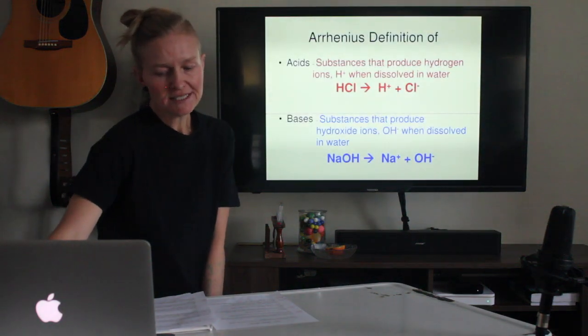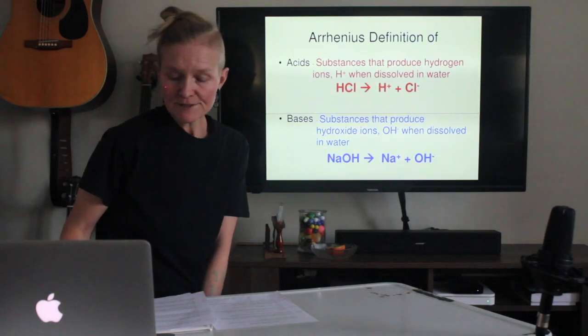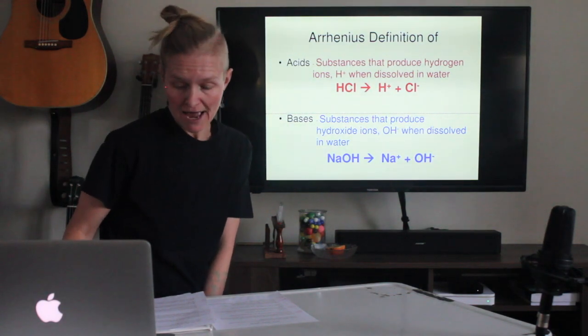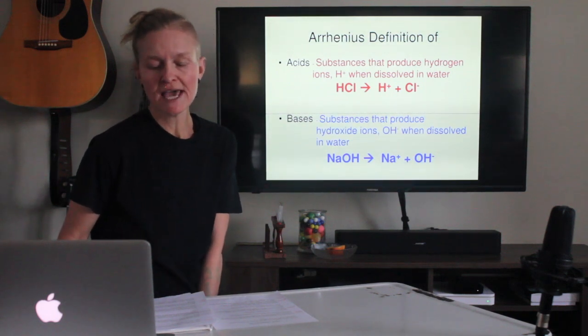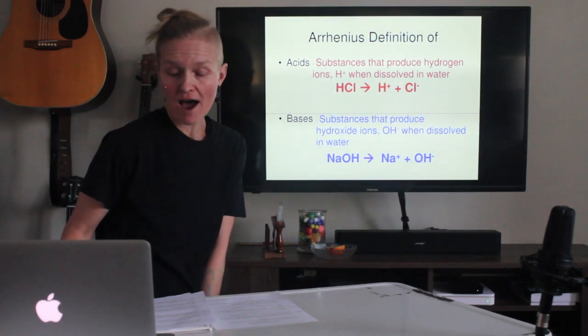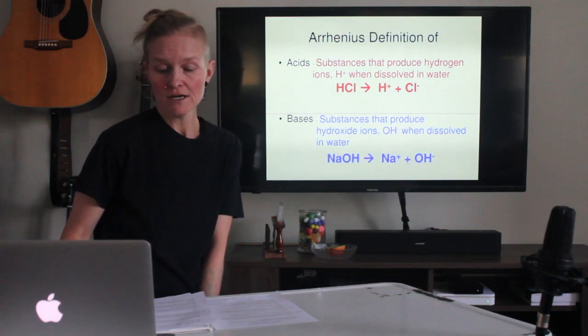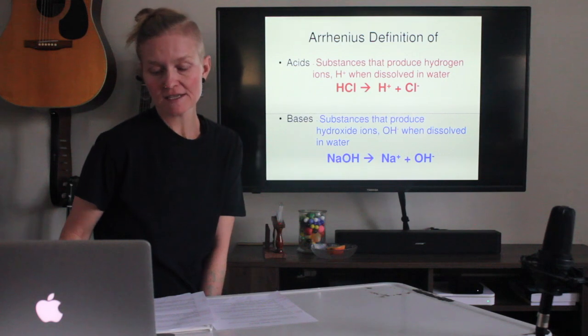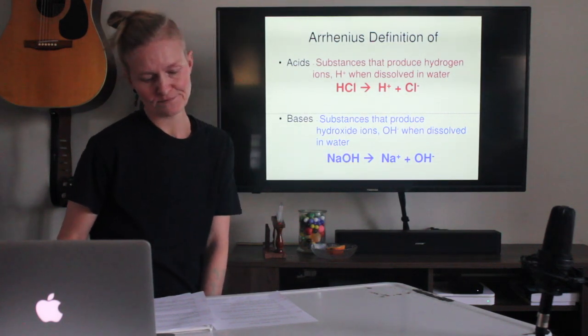By Arrhenius's definition, an acid is a substance like hydrochloric acid, or HCl, that dissolves in water to produce H+ ions. A base, alternatively, dissolves in water to produce or donate the OH- ion, or a hydroxide ion.